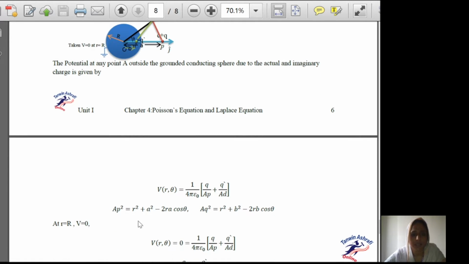Now AP is nothing but the square root of R square plus A square minus 2RA cos of theta. In a similar way, AD is equal to the square root of R square plus B square minus 2RB cos of theta.